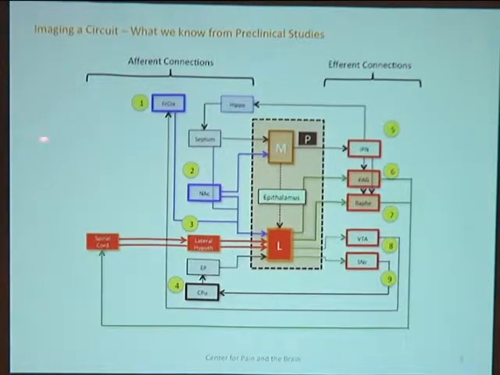And what we like about it is that others in the preclinical domain have actually defined many of the areas that have inputs into the medial and lateral habenula and outputs. And essentially, it's a station that conduits information from the frontal areas to the brainstem areas. And so for a pain neurobiologist or clinician, this is really cool because it talks about the things that we're interested in the pain field.